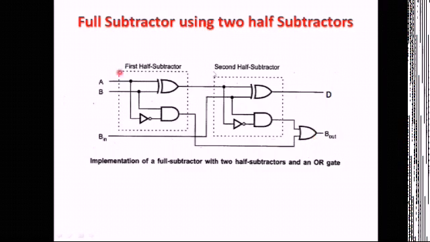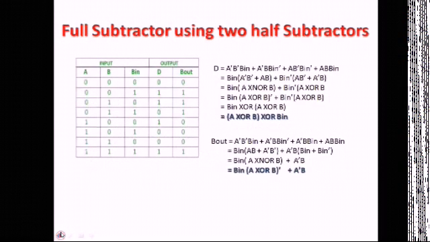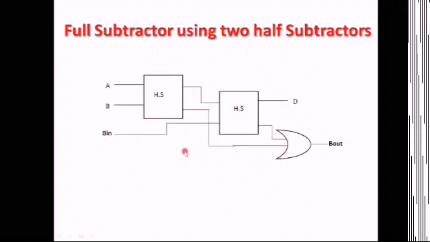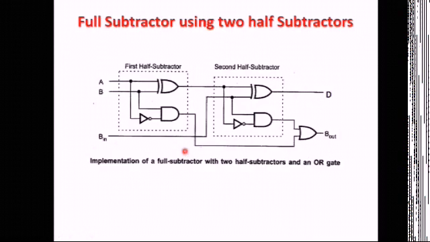So this is the circuit for implementing full subtractor using two half subtractors. Whenever in semester exam it is told to implement a full subtractor circuit, then you can draw this previous circuit. Let me again show you, you can draw like this. But if you are told to implement full subtractor using two half subtractors, then you have to draw this one.